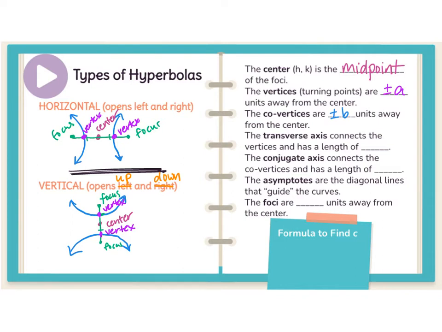So notice for the horizontal, the vertices were left and right, but the co-vertices are going to be above and below. And then on the vertical, the vertices were above and below, so the co-vertices are going to be left and right.